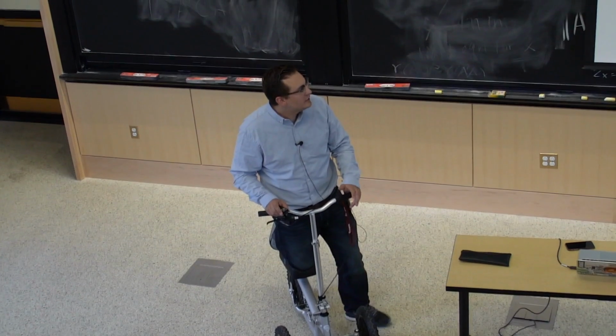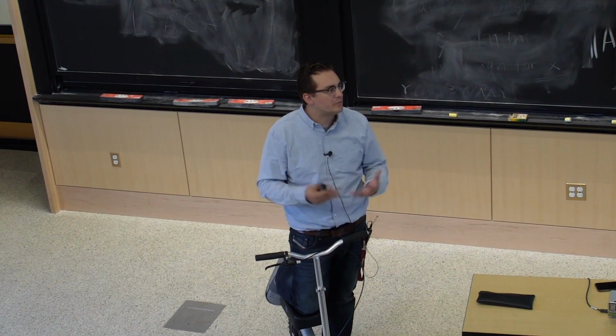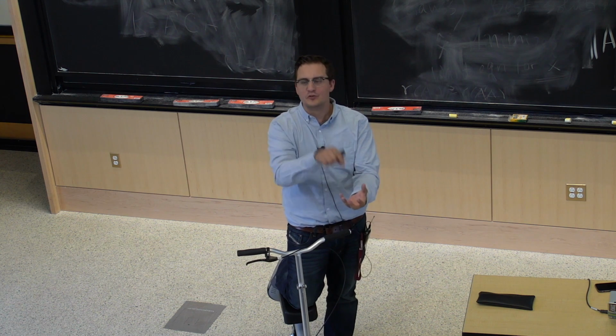So to answer this question, we select n runners, where n is a moderate number that's more manageable than 15,000, from the 2012 race at random. That's where we inject randomness in our problem. Remember, this is an experiment, so in a way the runners are the omegas, and I'm interested in measurements on those guys.